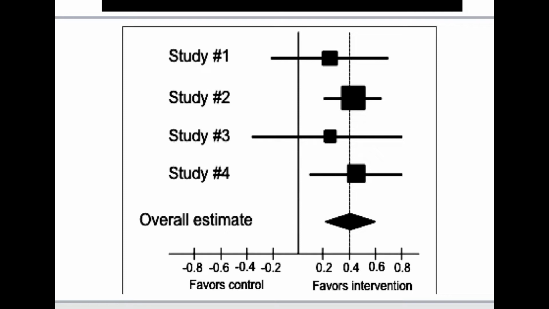So what is the meaning of these black squares and the horizontal lines passing through them, and what is the meaning of this diamond down here? Each square represents the sample size. The bigger the square, the bigger the sample size, and the more weight the study has.